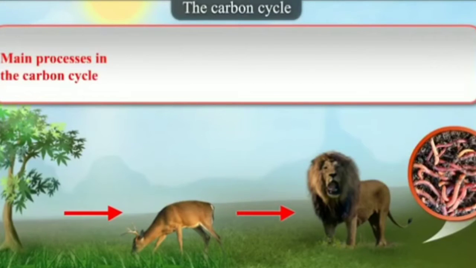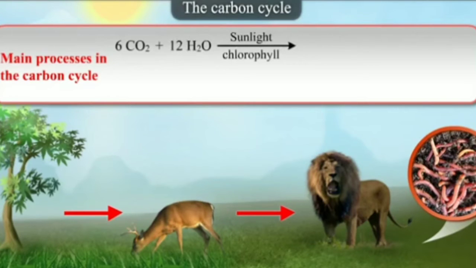So the main process in the carbon cycle is 6CO2 plus 12H2O. In the presence of sunlight and chlorophyll, it gives us C6H12O6 plus 6H2O plus 6O2.